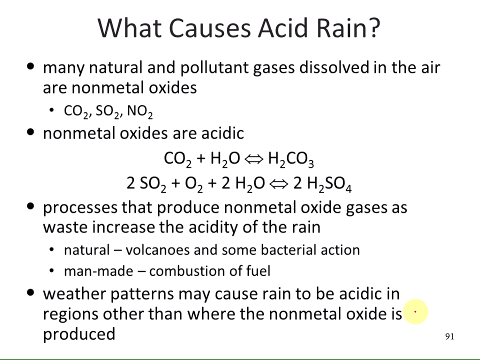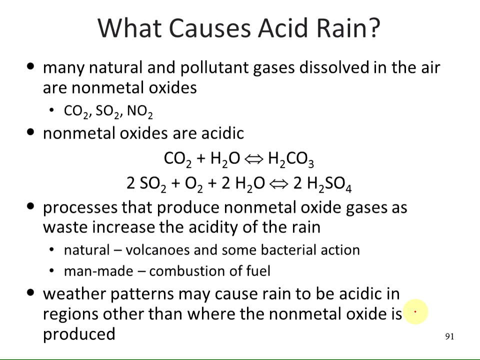And not just man-made processes such as combustion of fuel, there are also natural sources of these gases. For example, volcanoes are notorious for producing sulfur dioxide, and that sulfur dioxide produces the sulfuric acid. And there are also some bacteria that produce some of these non-metal oxides.